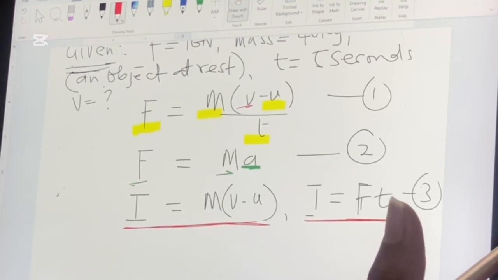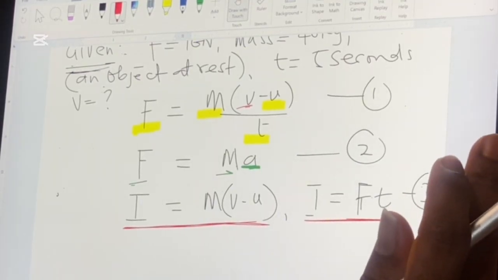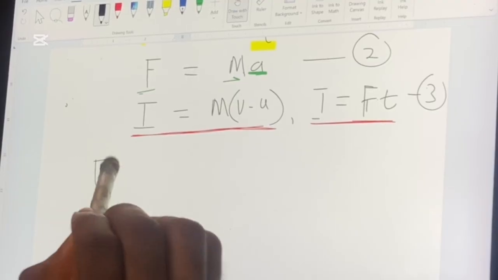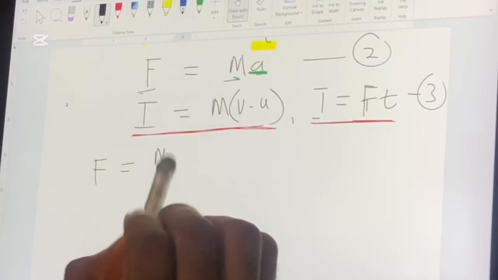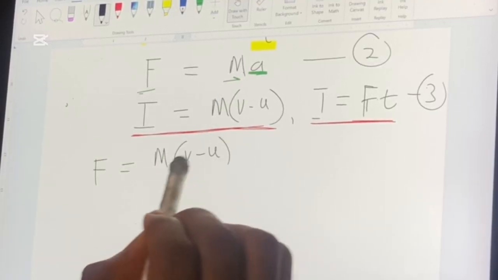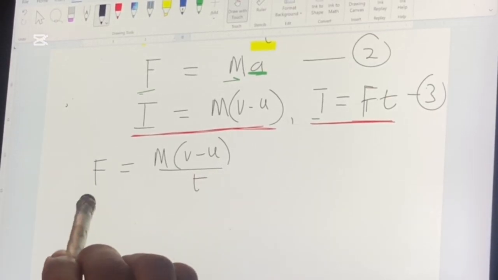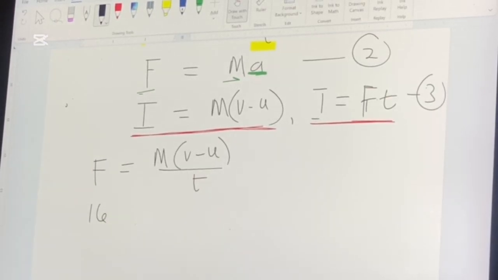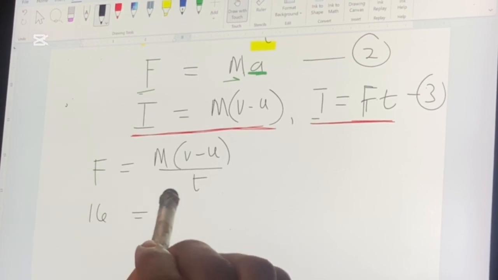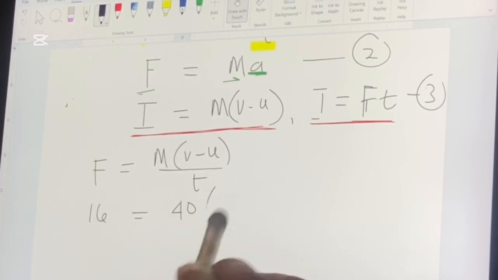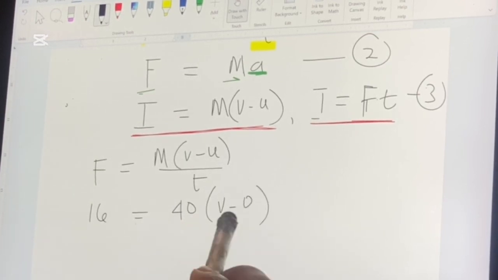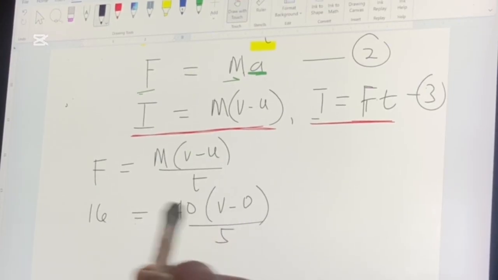So now let's use the first formula. Using the first formula, we have F equal to m into v minus u over t. Let's replace the given parameters. 16 is equal to 40 into v minus 0 over 5.